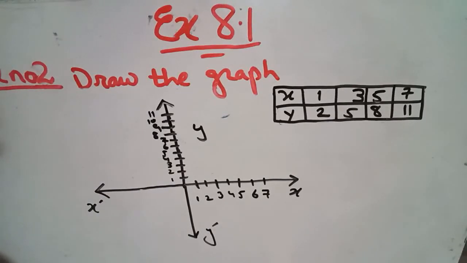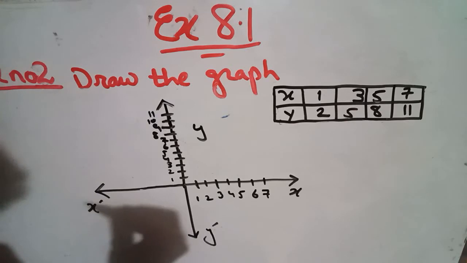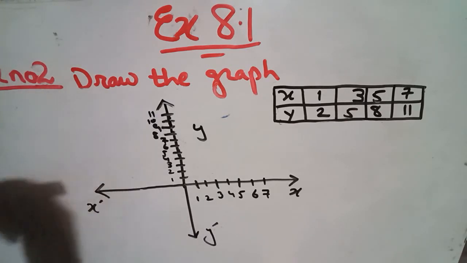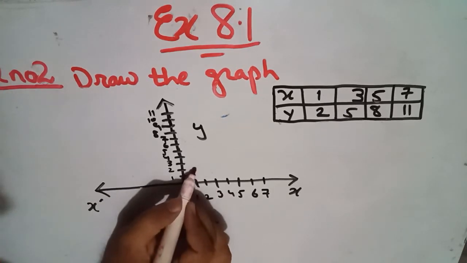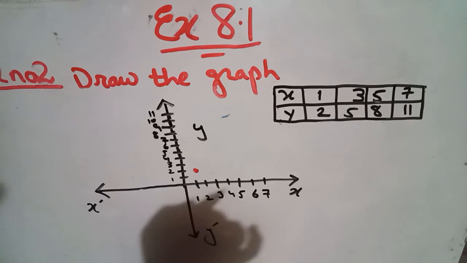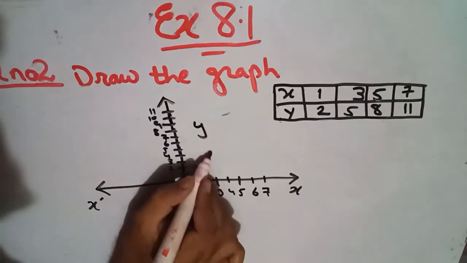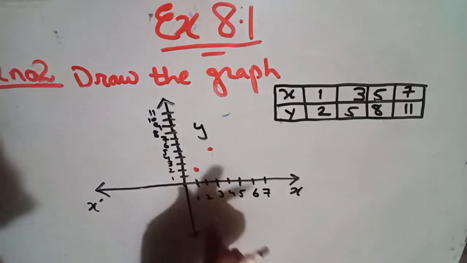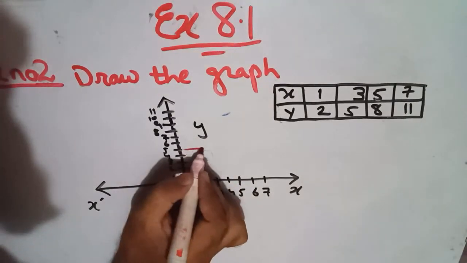Okay, now we will draw the graph. The values of x and y are given. X is equal to 1 and y is equal to 2, so you will put the first dot here in front of x and y. The second dot will be put when x is equal to 3, y is equal to 5.